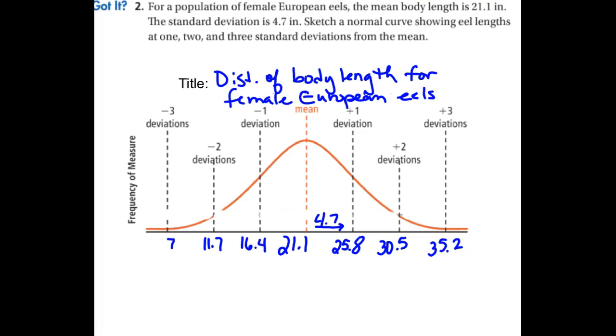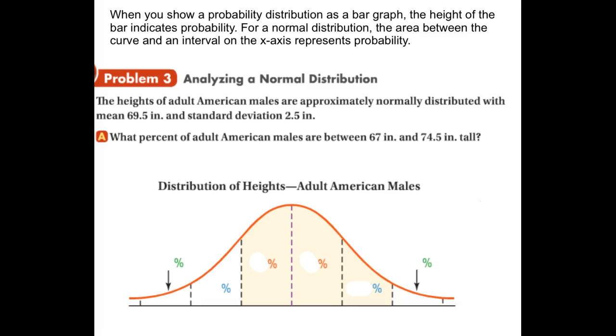So this is the first part of our process when we talk about a normal distribution. Remember how we split up our 68, 95, 99.7? That's the next piece. We're going to add that information in. When you show a probability distribution as a bar graph, the height of the bar indicates the probability.